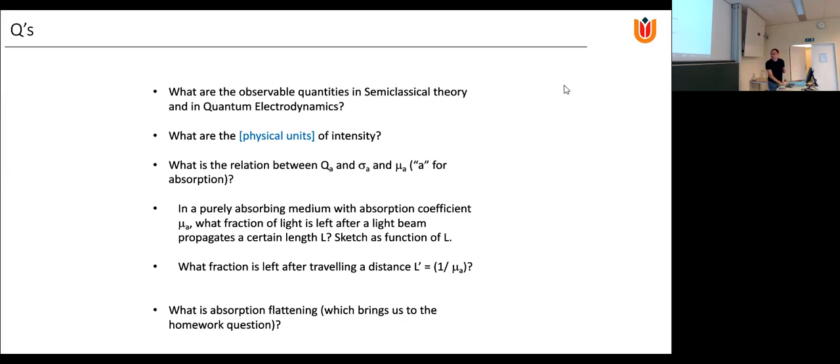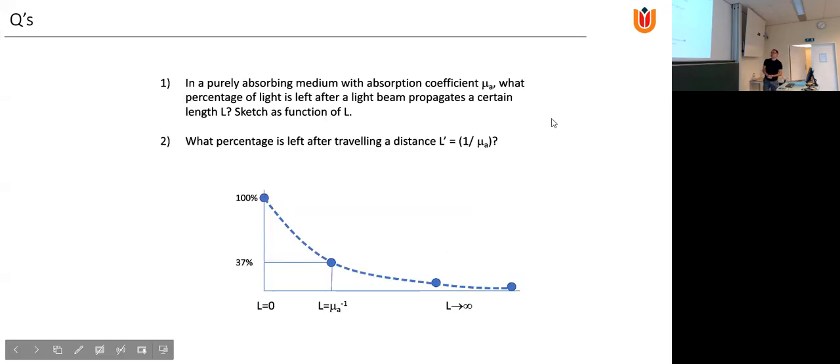This is what it would look like: a simple exponential decay, and it's 37% actually. If the length is exactly 1 over μA, then only 37% is left.